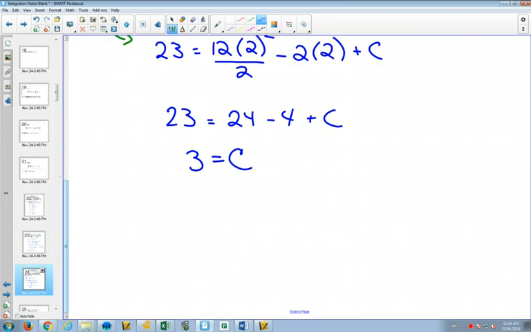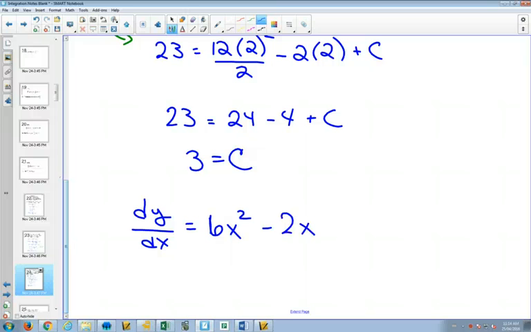So now we can rewrite, we know exactly what the derivative function is. We know that it's going to be, well, I'll simplify it to 6x squared minus 2x plus 3.